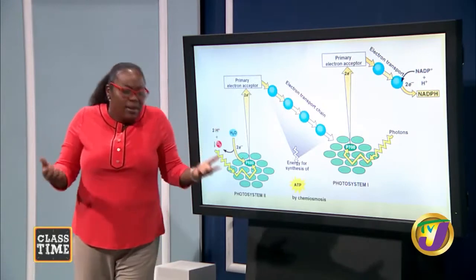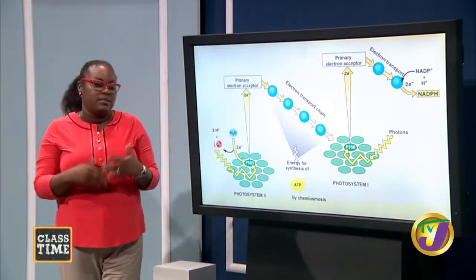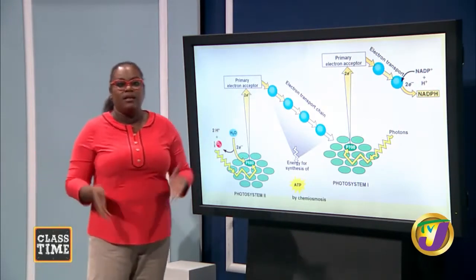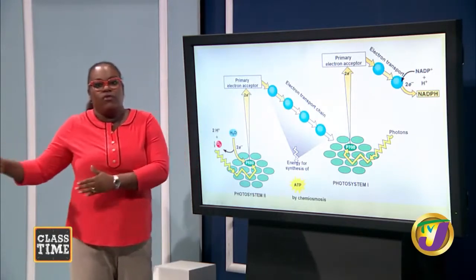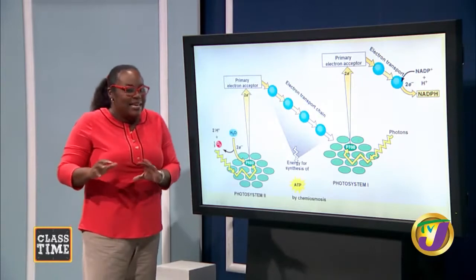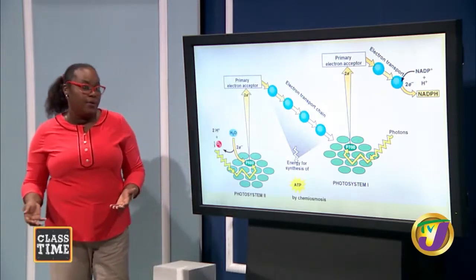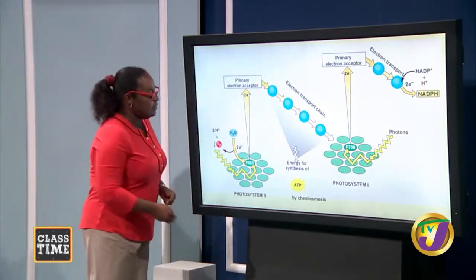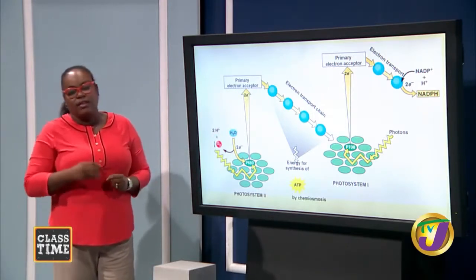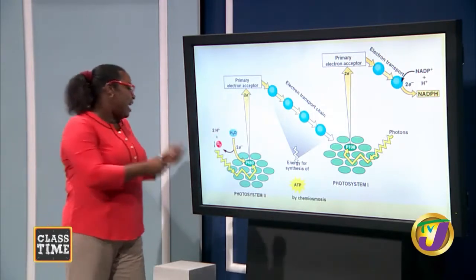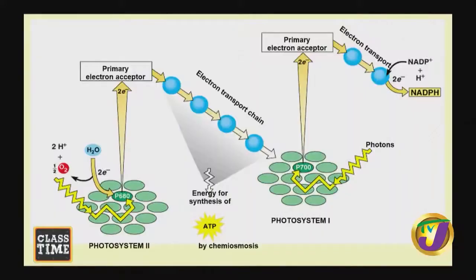And commonly held by most students at that level is that the water is split by light during photosynthesis. Technically, that is not really what happens. What really happens is that P680 so wants back its 2 electrons that it just lost, that it actually has that strong pull of electrons towards itself from the water molecule.